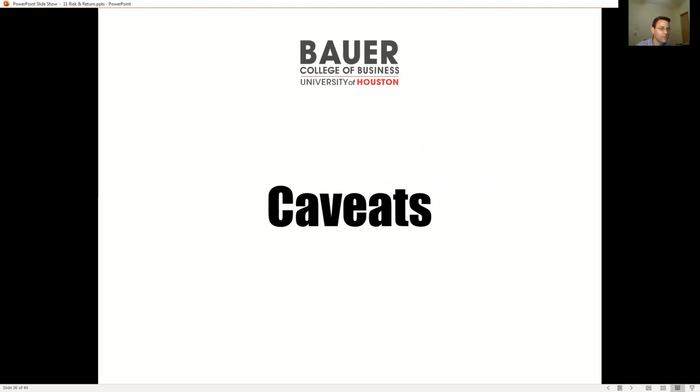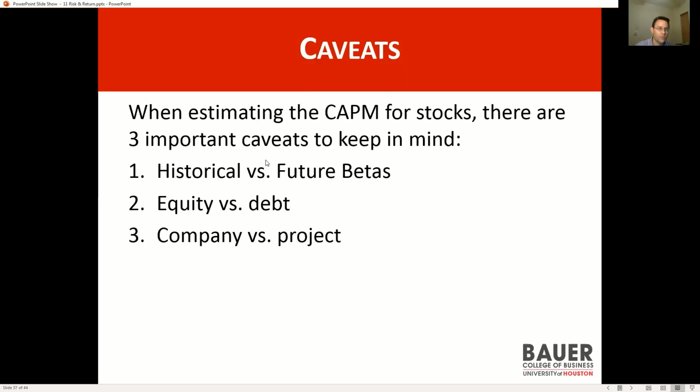Finally, I want to wrap up with some caveats in the capital asset pricing model. There's going to be three things to keep in mind when we use CAPM. The first is historical versus future betas. When we drew those scatter plots, we were estimating those for a certain sample. Our estimates may change if we use a different sample.